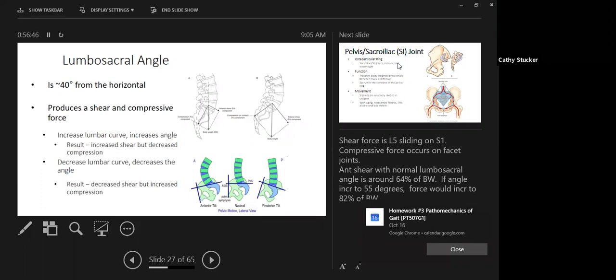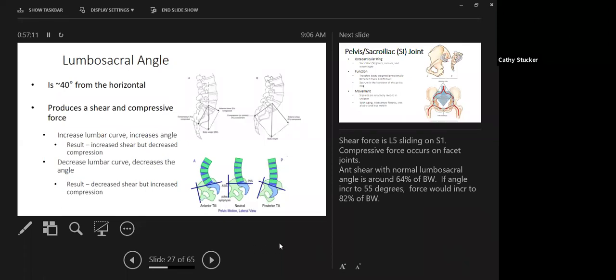The force sliding L5 off of S1 is much longer. So the tendency for L5 to slide on S1 is greater in a higher lumbar lordosis, a greater lumbar lordosis. Much more risk of spondylolisthesis or spondylolysis.